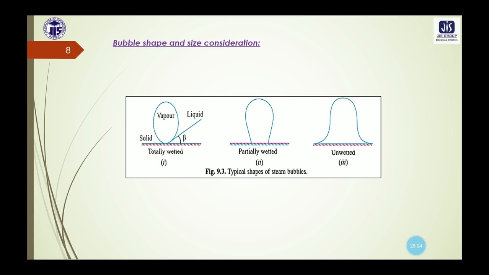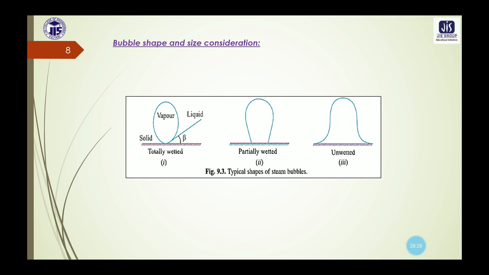So what influences such shape and size of the bubbles? The heat transfer rate in nucleate boiling is greatly influenced by the nature and condition of the heating surface and surface tension at the liquid solid interface.